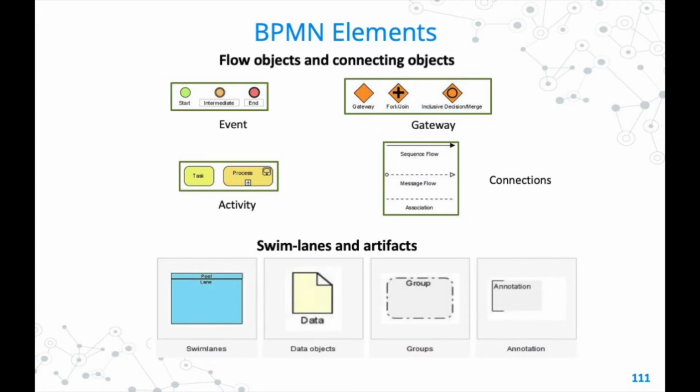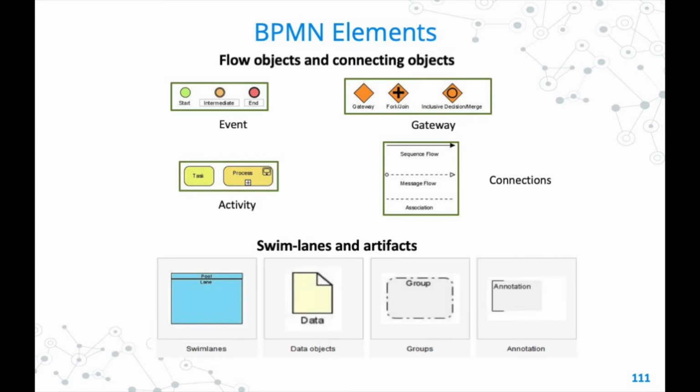An activity is work that is performed within the business process. And the types of activities that are a part of a process are sub-process and task. And then there are gateways. Gateways are represented by a diamond shape. They determine forking and merging paths depending on the conditions expressed.